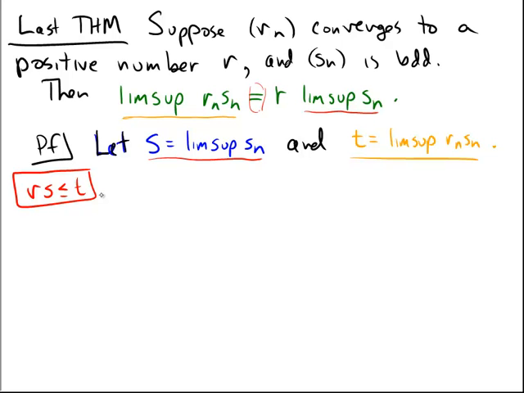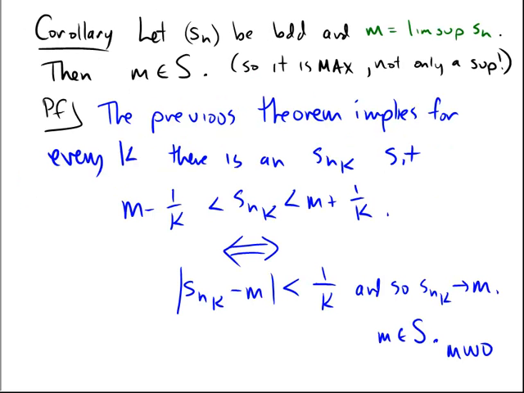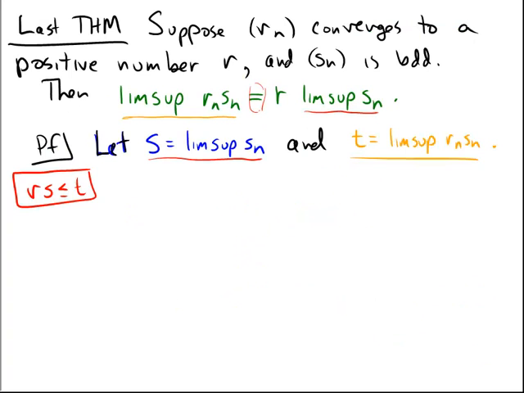Okay. So first let's aim for rS being less than or equal to T. Okay, let's see if I remember how to do this. So by the corollary, what do we get?